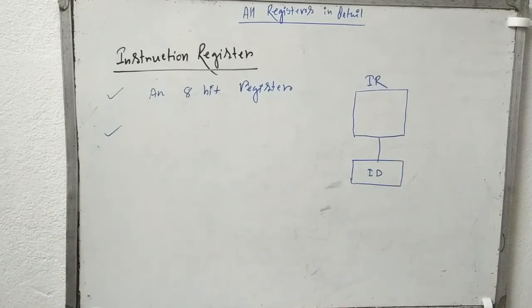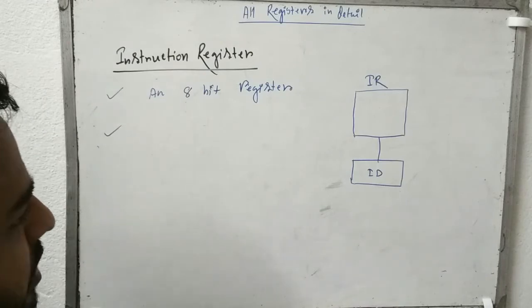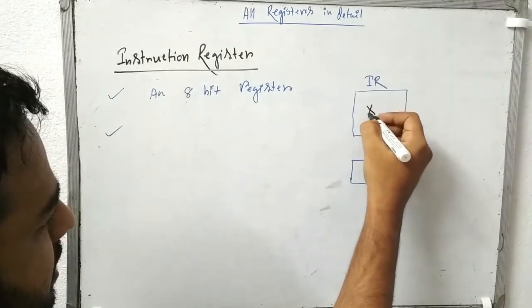When the instruction, basically the instruction, not the data, is fetched from a particular address location, it is placed on the data bus, and then the data bus places that instruction into the instruction register.